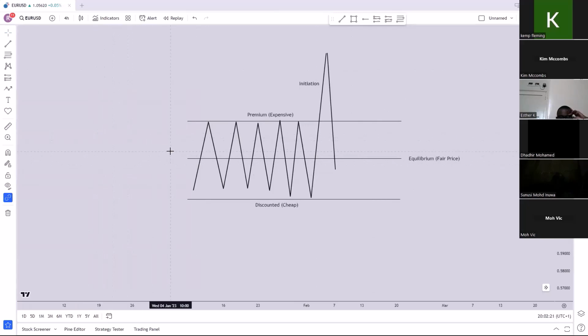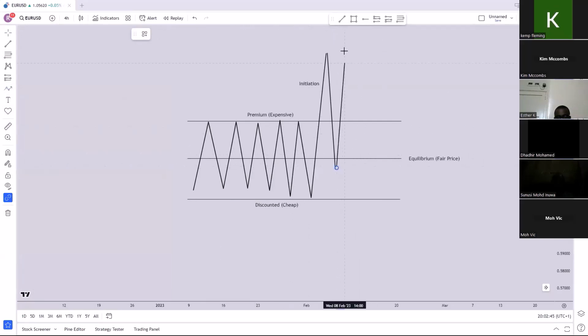Once we get the initiation, which is our first clue that the financial institutions have put through a large order, we then wait for our mitigation. The mitigation is the area of demand or supply that we want to enter at and ride the continuation. And what do I mean by continuation?